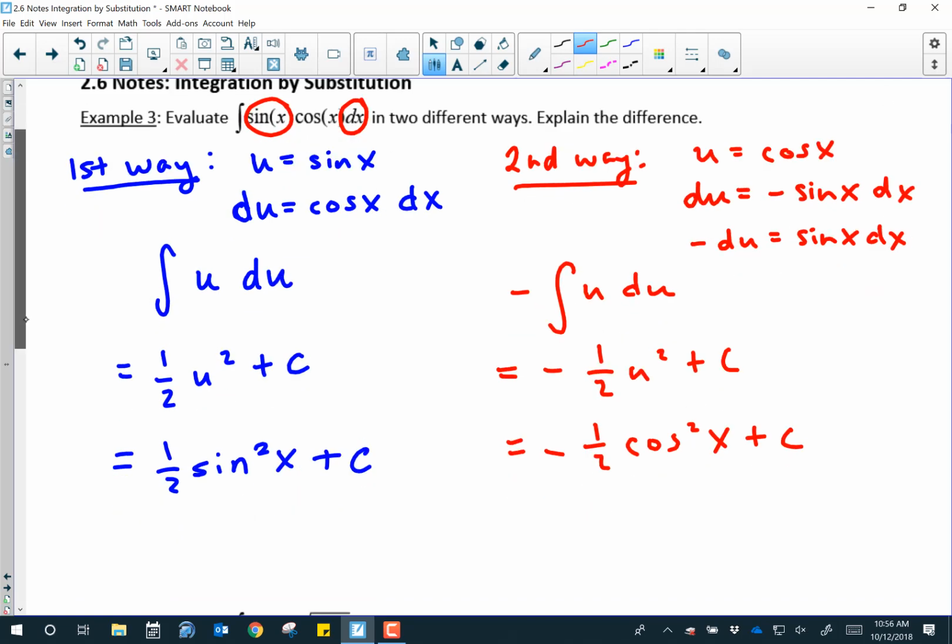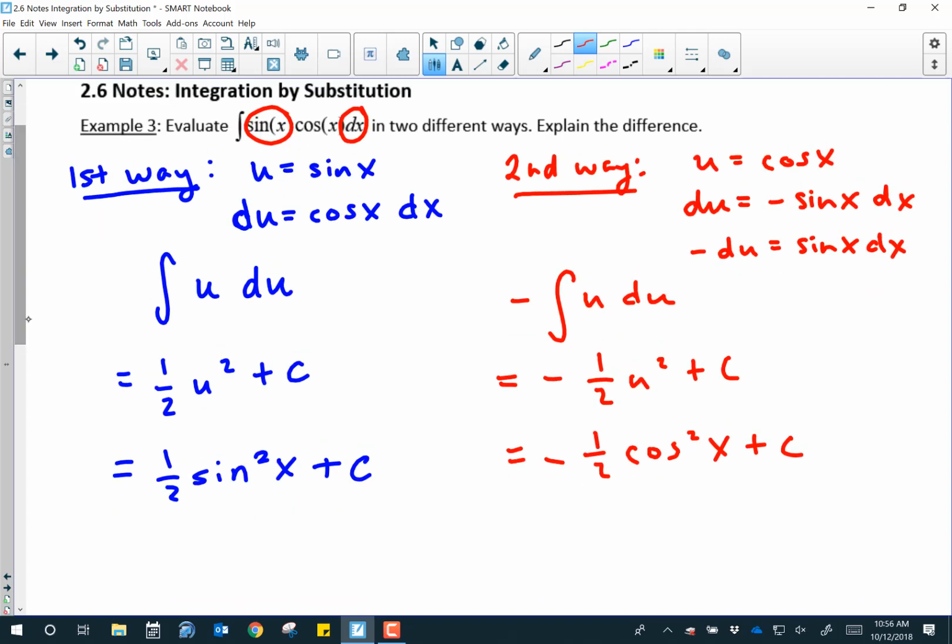Now, both of these integrals are correct. They don't look the same, though. Are they the same? Is 1/2 sine squared plus c equal to negative 1/2 cosine squared plus c? Yes, as long as the c's are not the same. Here's why.